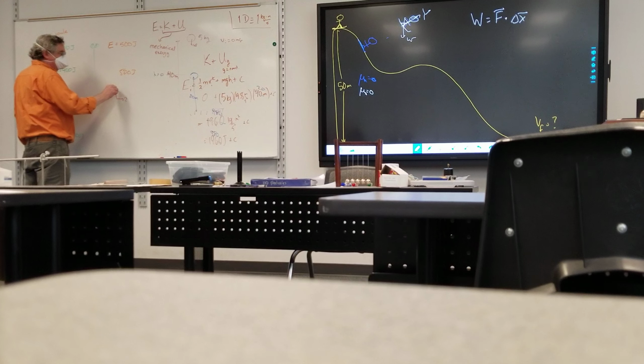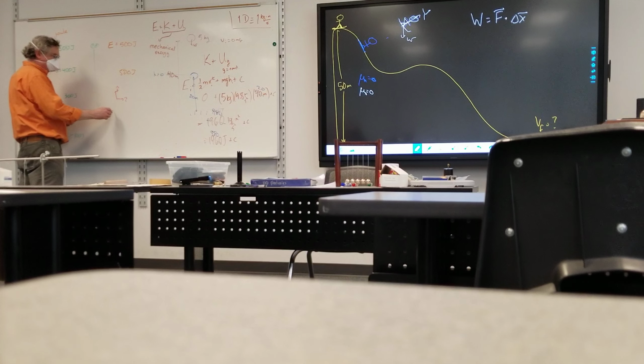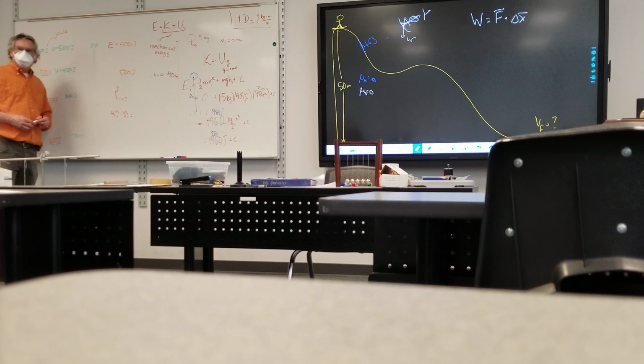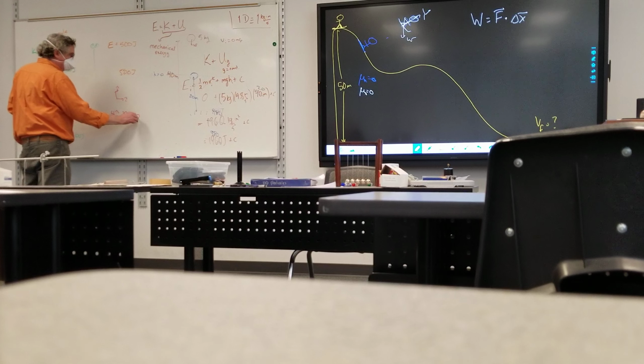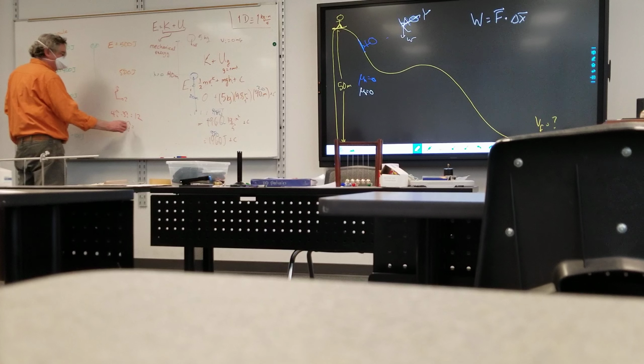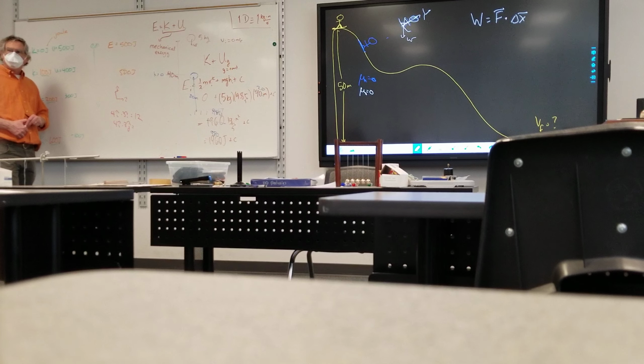If I had 4 i hat dot 3 i hat, what do I get? 12. 4 i hat dot 3 j hat? Still 12? It is not.